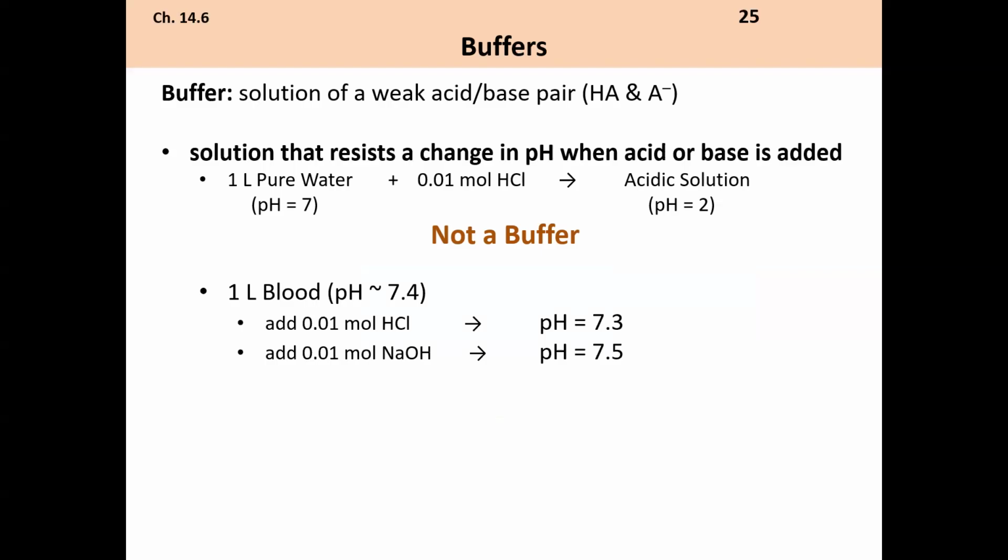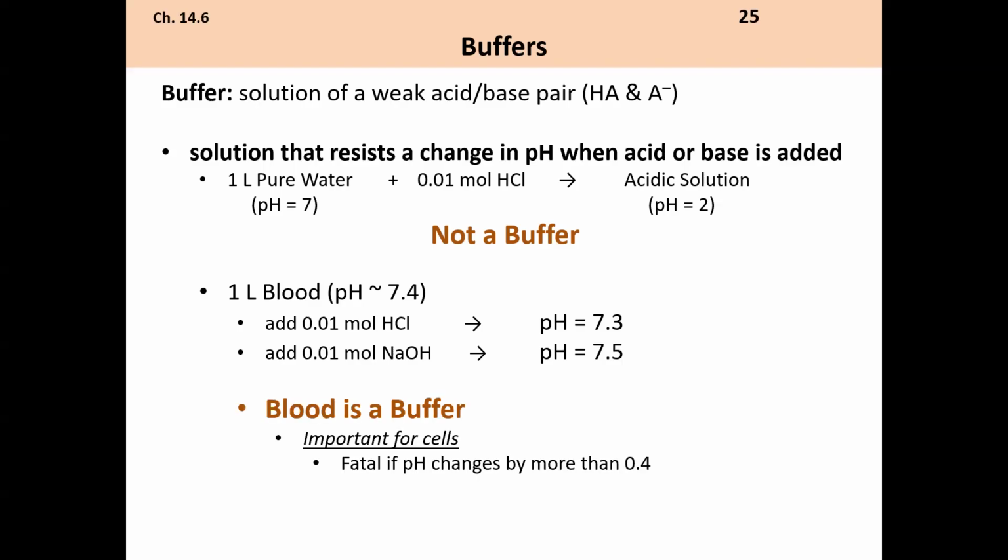Our blood is naturally a buffer. That is ridiculously important because if the pH in my blood changes by more than 0.4, my cells will die.